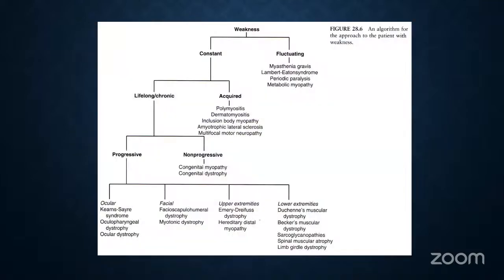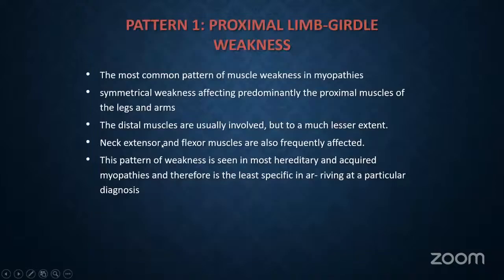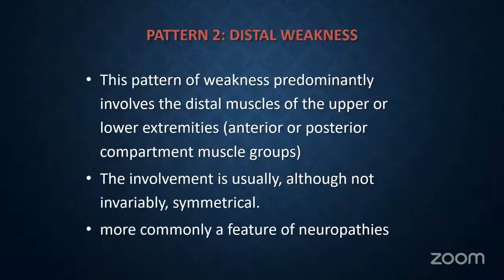So this is an algorithm for approach to muscle diseases as we discussed. The first pattern is proximal limb girdle weakness. This is seen in hereditary myopathies, acquired myopathies, and dystrophinopathies. Distal weakness involves predominantly the distal muscles of the upper limb or lower limb, could be anterior muscle groups or posterior muscle groups. Involvement is usually, although not invariably, symmetrical.